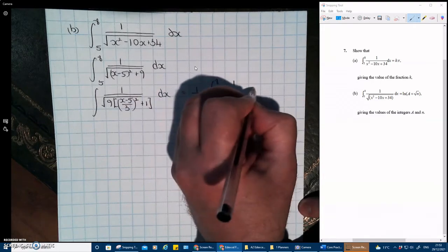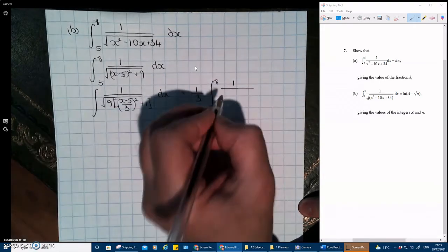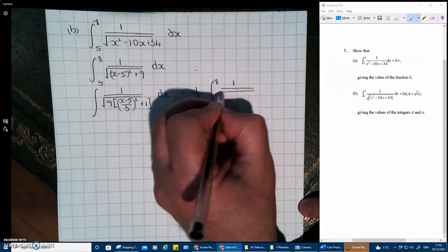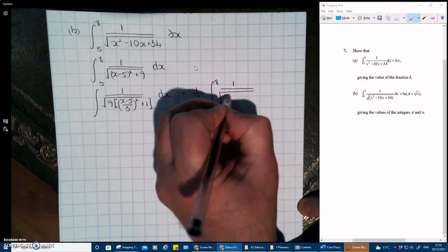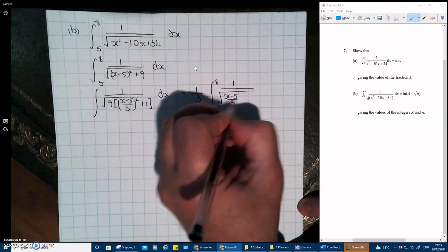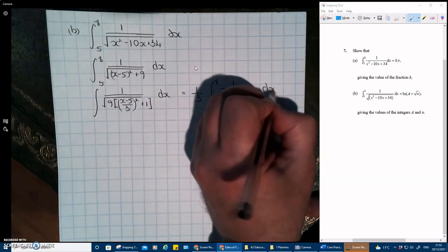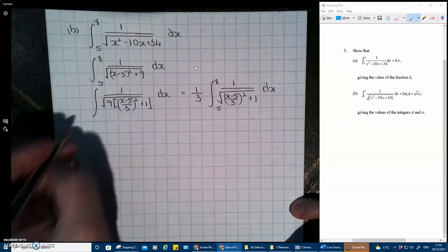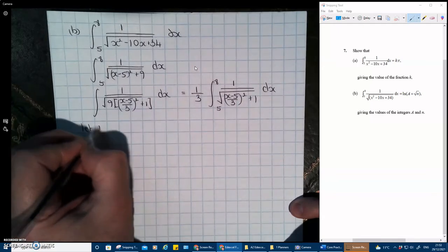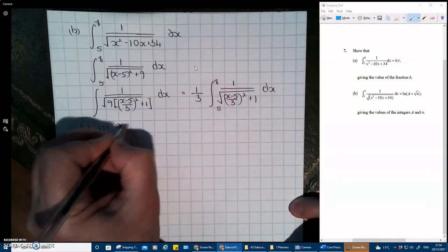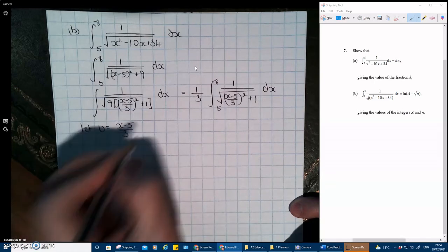So it's similar to last time, except last time I had a ninth at the beginning here. Root of x minus 5 over 3 squared plus 1. Again, I'm going to do a substitution. I'm going to use u this time, but let u equal x minus 5 over 3.